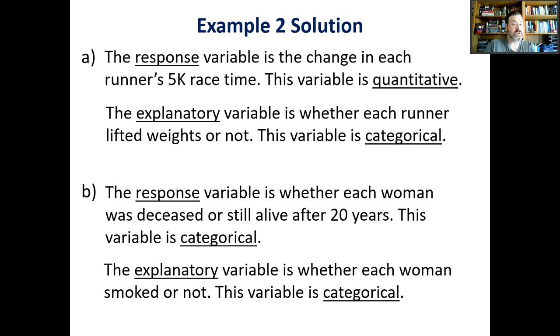Usually what we measure is whether this person did a thing or did not do the thing. So it's usually a choice between two things, but it could be more. Here, all of our categorical variables are choices between two options: lifted weights or not, deceased or still alive, smoked or not, right?